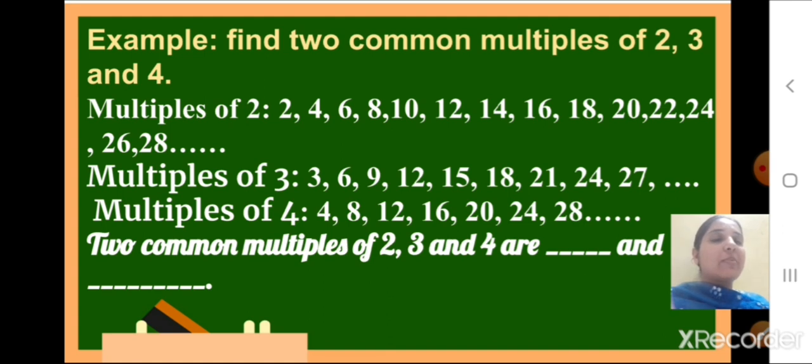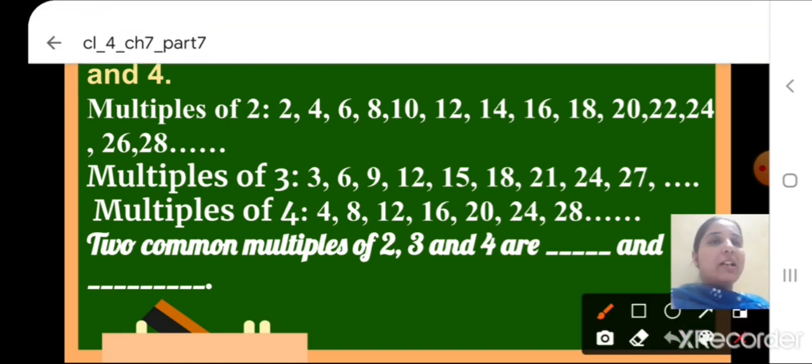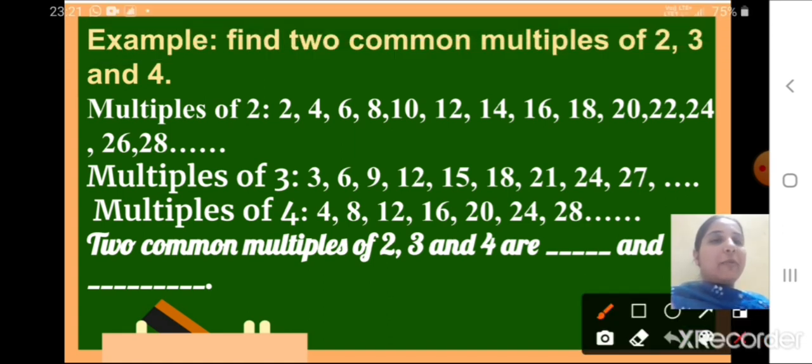In the question it is being asked to find two common multiples. So now let's find the common multiples here. What will be the first common multiple which is common in all the three numbers? Yes, number 12. That is common in all the three numbers. Then which is the next common multiple?